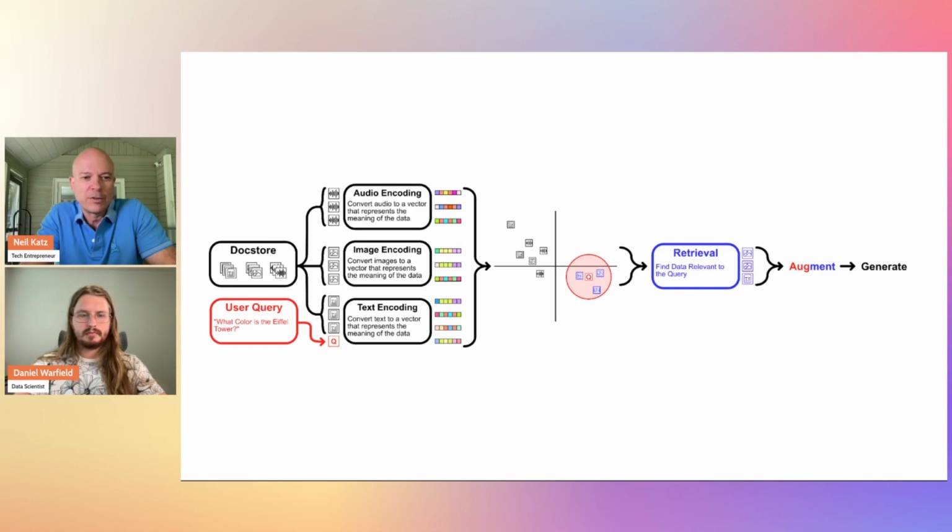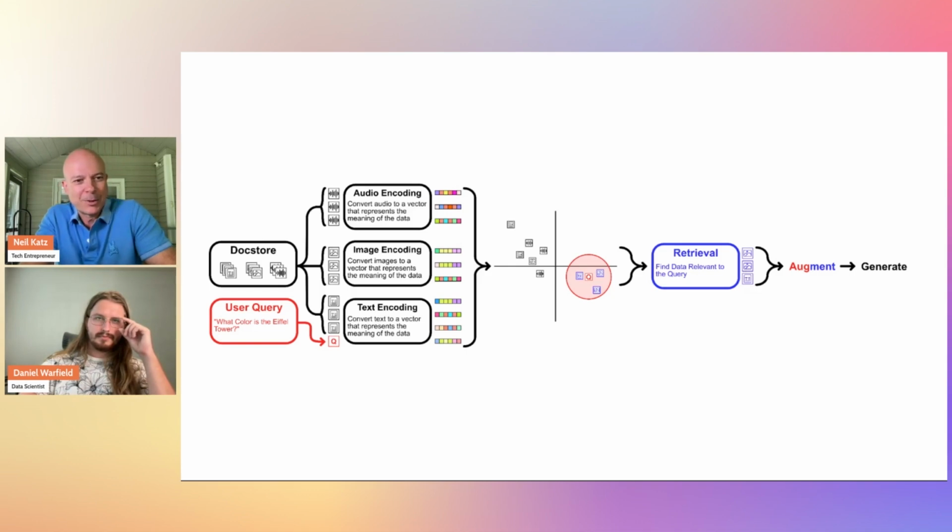To make it concrete, if I had a paragraph of text describing a couple romantically kissing in front of the Eiffel Tower, and I also had an old photograph from World War II of a couple kissing in front of the Eiffel Tower, elements of both those pieces of content would be stored in proximity in the vector space, even though they start out as completely different objects.